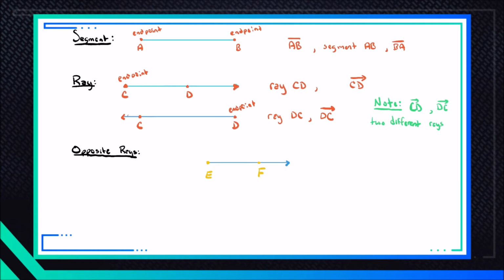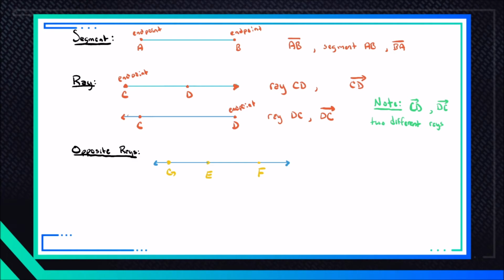If we then take another ray and attach it going in the opposite direction, and I mean really the opposite direction, then put a label on this. This is now ray EG.